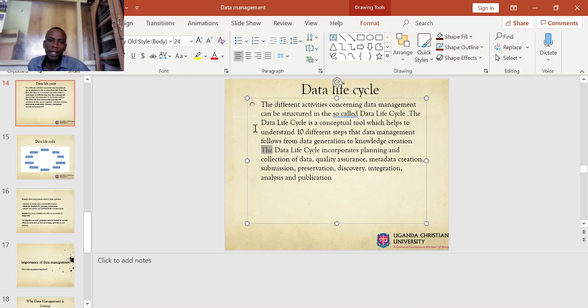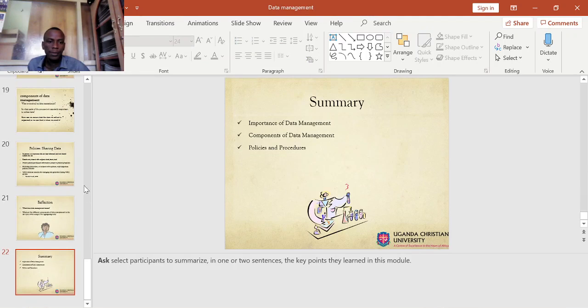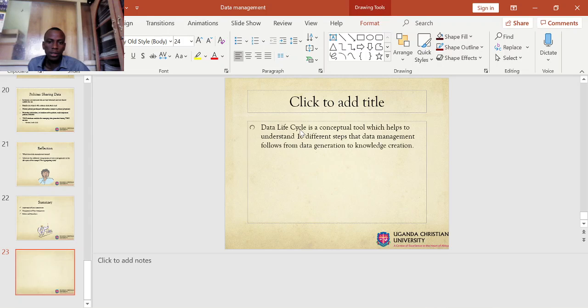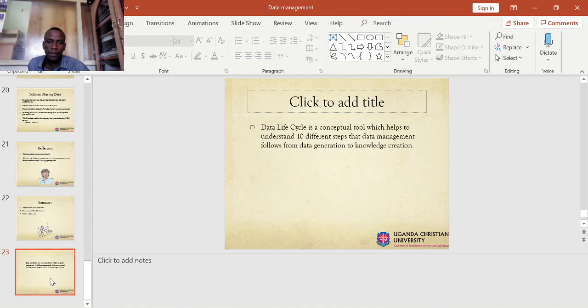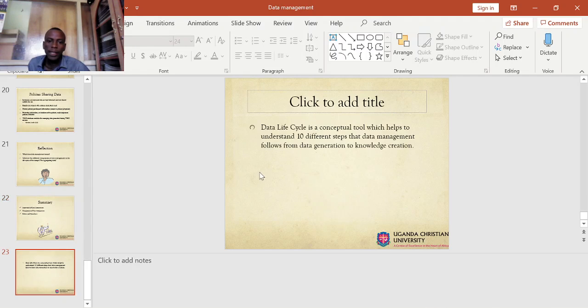Okay, so we've said data life cycle. I want you to respond to this: the data life cycle is a conceptual tool which helps to understand 10 different steps that data management follows from data generation to knowledge creation.